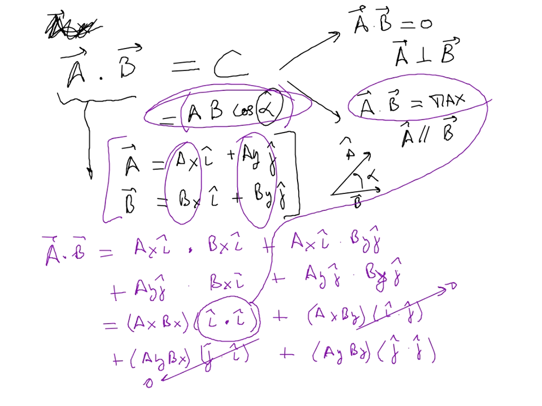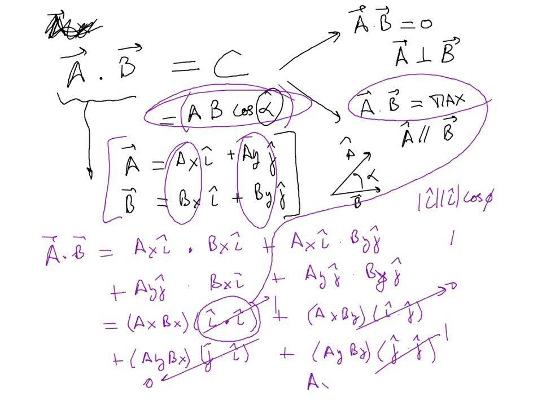If you replace A by I and B by I, I.I will be magnitude of I times magnitude of I times the angle between I and I. Yeah, 1. Exactly. That's the beauty of unit vectors. So I.I is 1, J.J is 1.